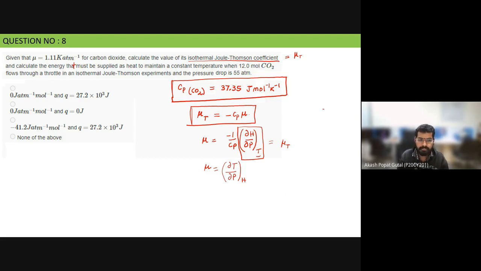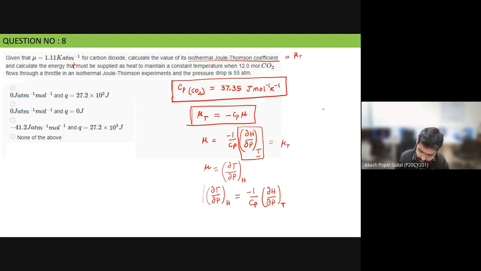Fine. So your actual equation is del T by del P at constant H is equal to minus 1 by Cp del H by del P at constant temperature.